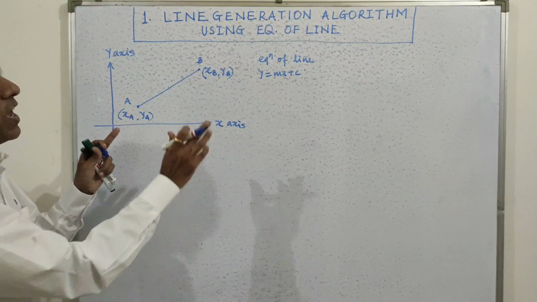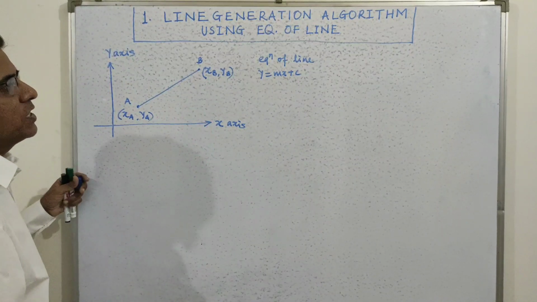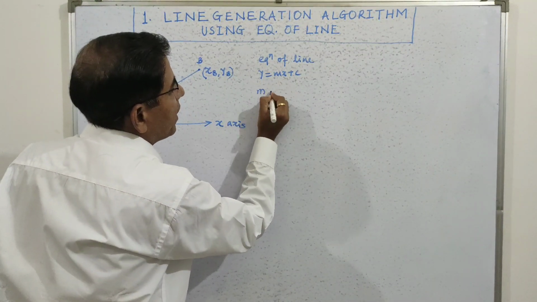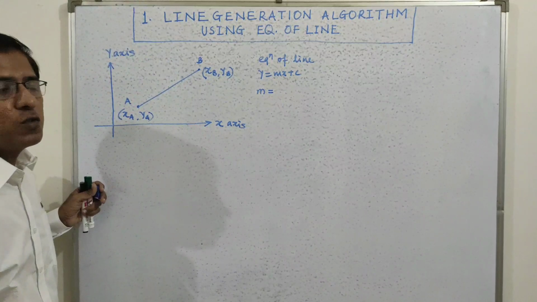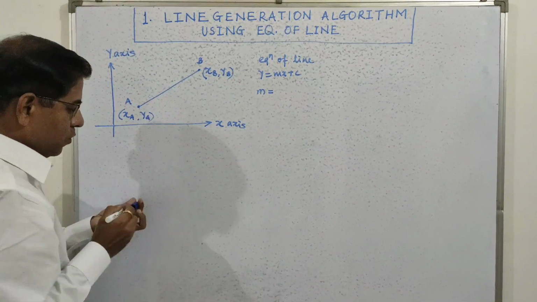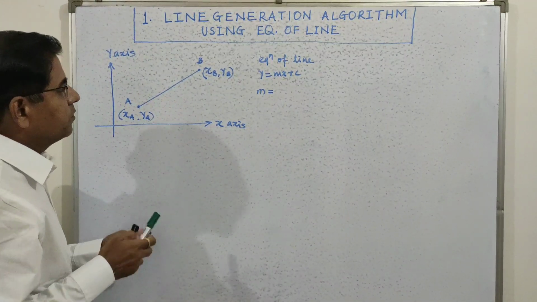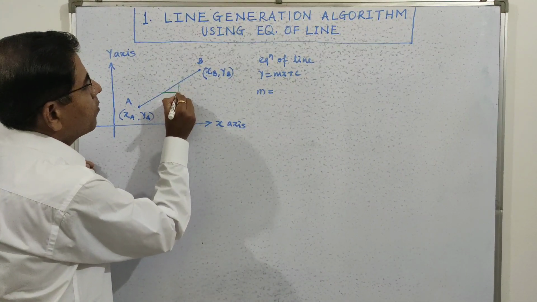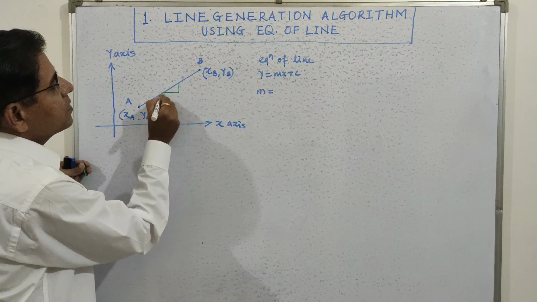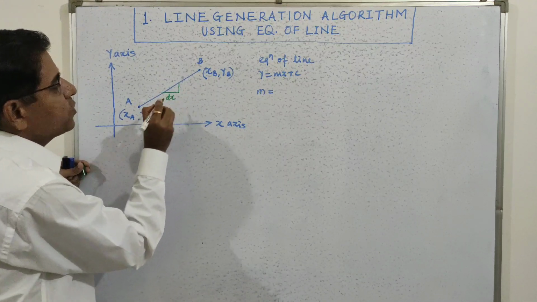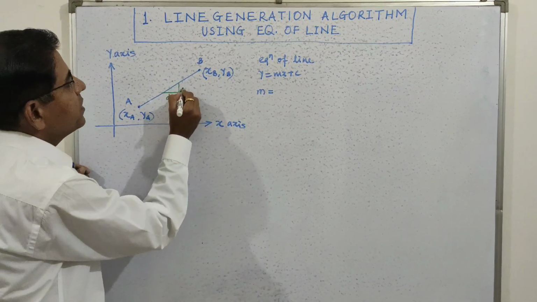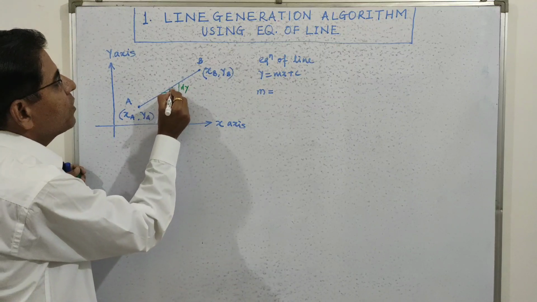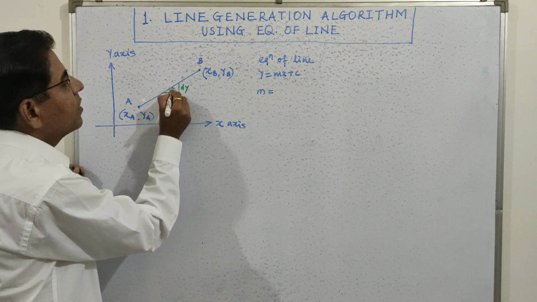Okay, equation of line is y equal to mx plus c, where m is the slope of line. So what is this m? This is dx, difference of x coordinate. This is dy, difference of y coordinate. This is the inclination of line, theta.